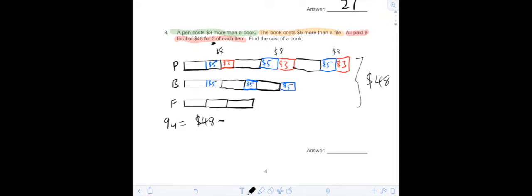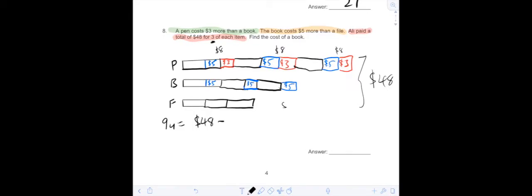Together, all this is $8 times 3 is 24. And then for the books, $5 times 3 will be $15. So we take 48 minus 24 minus 15. The answer will be $9.